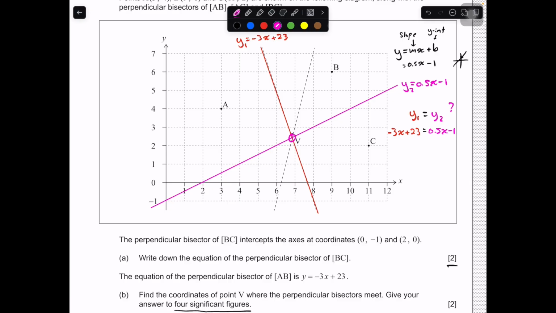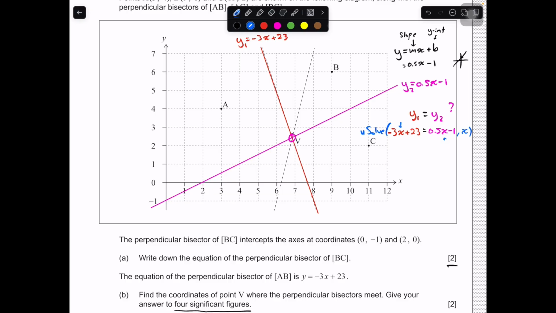That's where they intersect. Where is that one point where they have the same inputs and outputs, that same xy value? When does y1 equal y2? And when we substitute for those, we can create an equation. And after this, we're just looking for that x value. And for that, we can solve. So let's go ahead and do that.